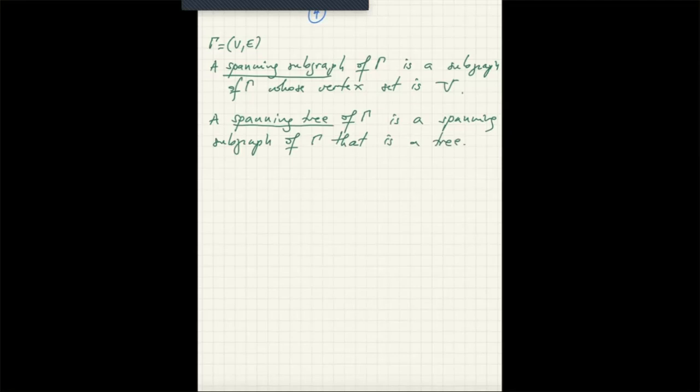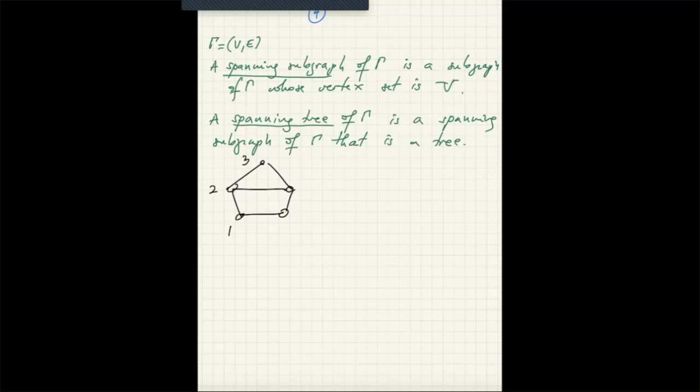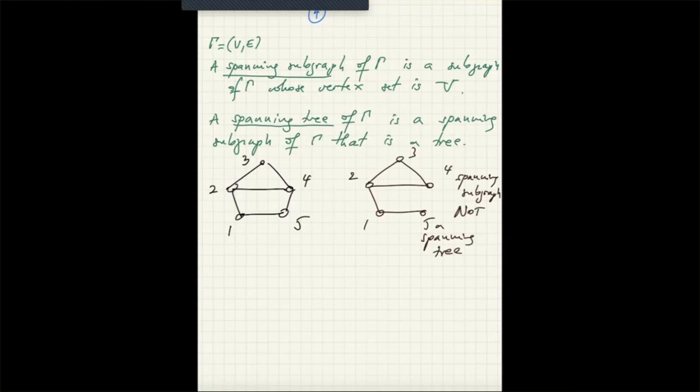Okay, so in our situation, if we have this graph here, 1, 2, 3, 4, 5, let me draw a couple of subgraphs. So this one, 1, 2, 3, 4, 5, is a spanning subgraph, but not a spanning tree, because it contains a cycle.